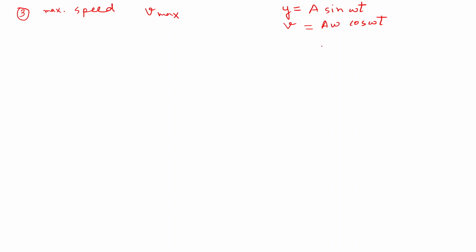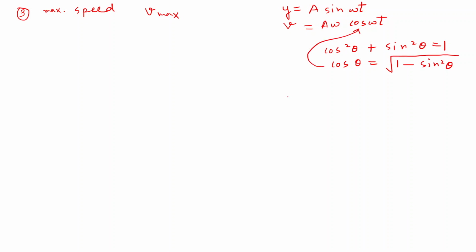Now we know this identity, cos square theta plus sine square theta is equal to 1. From this, we can see that cos theta will be the square root of 1 minus sine square theta. The same thing we'll try to substitute here.